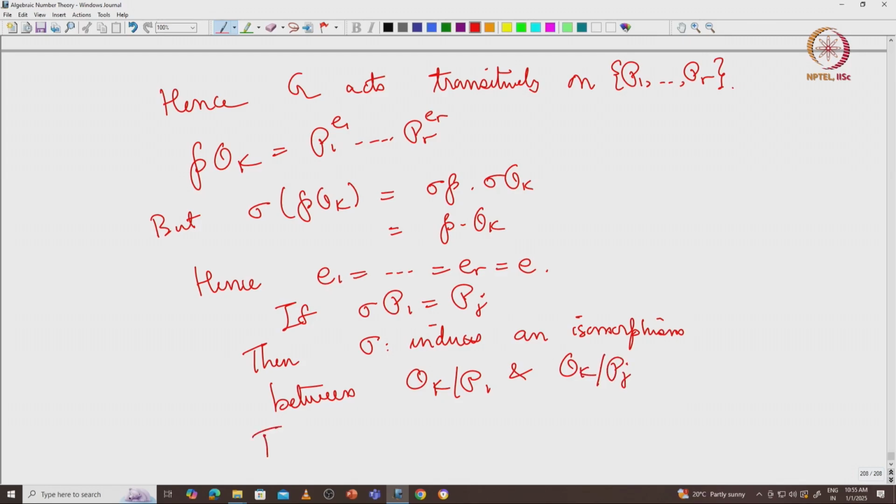Therefore, their degrees over OF mod P are the same. So, therefore, F1 and so on are equal and we call them F.